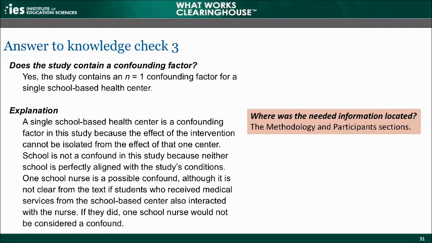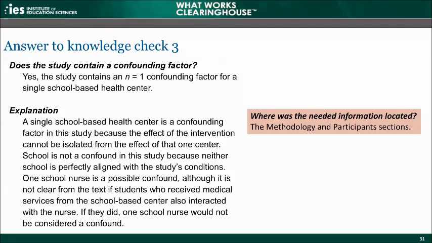It may be tempting to conclude that school A is a confound because it's the only school in the intervention condition, but the additional and crucial characteristic of an n=1 confound is that school is perfectly aligned with one study condition and not the other. And school A was not perfectly aligned with the intervention condition because it was also represented in the comparison condition.